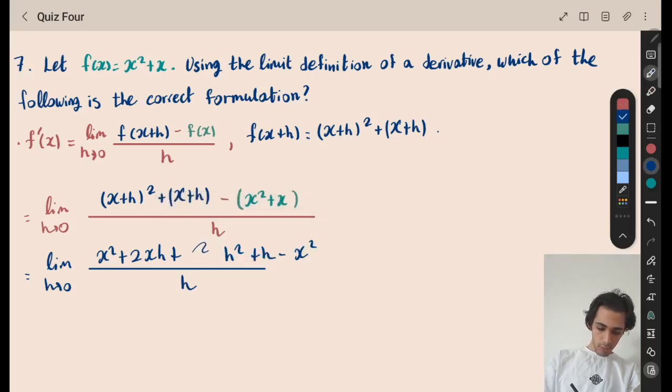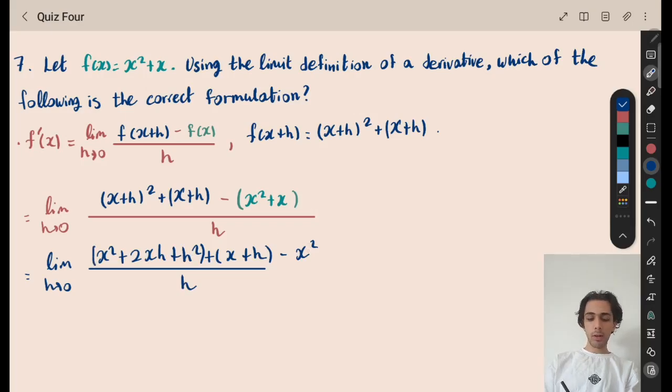Just to stay consistent, this is our x plus h. This is our square. And this is our f of x.